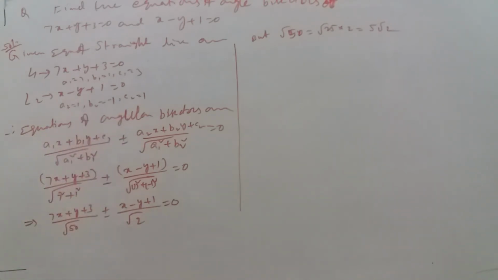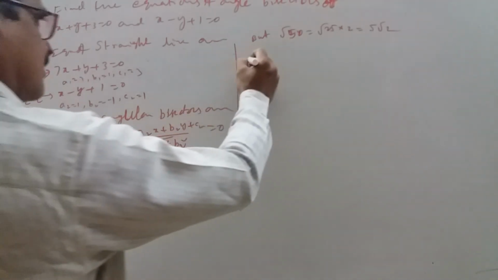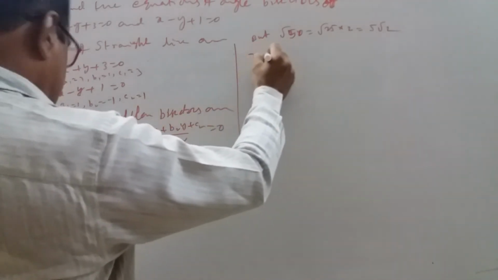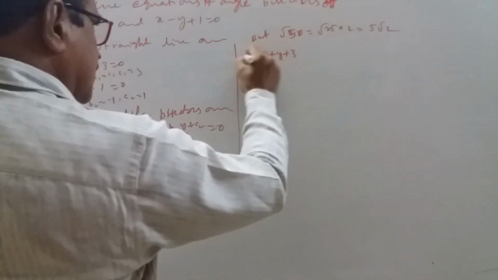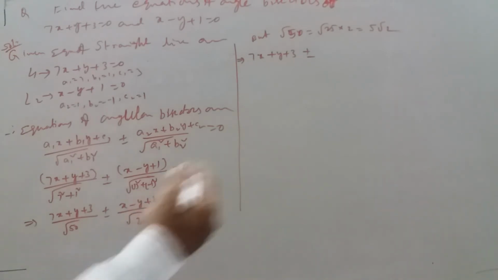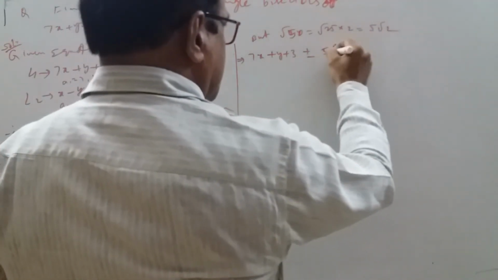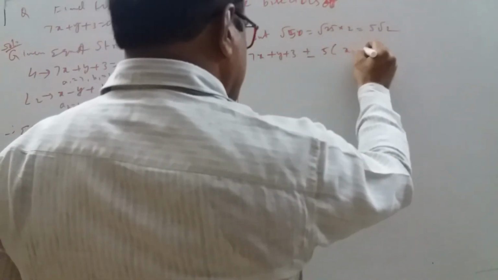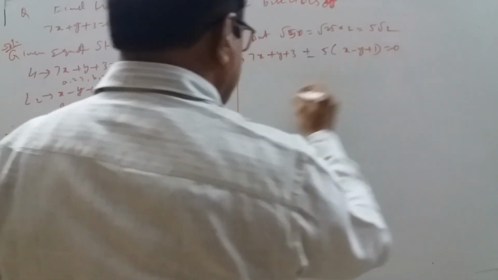For simplification, if we multiply the equation by 5 root 2, that implies 7x + y + 3 plus or minus root 2 is there, with 5, we have to multiply the second equation, x - y + 1 = 0.